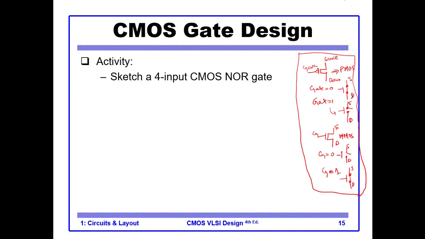So now we have to remember that a CMOS gate has two parts. One is called the pull down, and the other is called pull up.